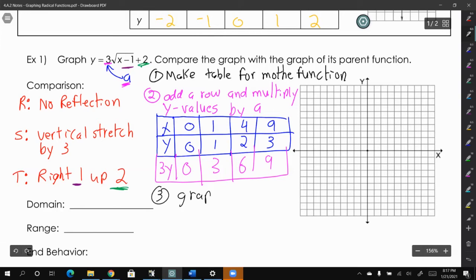Well, how do you know what to graph? We have x, y, and 3y in our table. We cross off our middle row, so we're going to ignore that. We're going to plot the points 0, 0, 1, 3, 4, 6, and 9, 9.